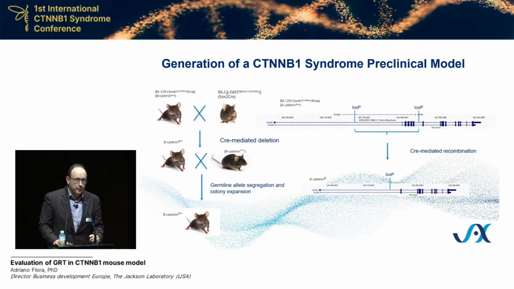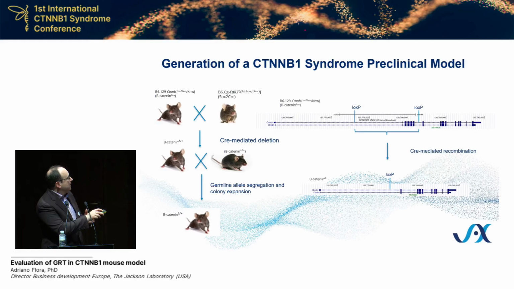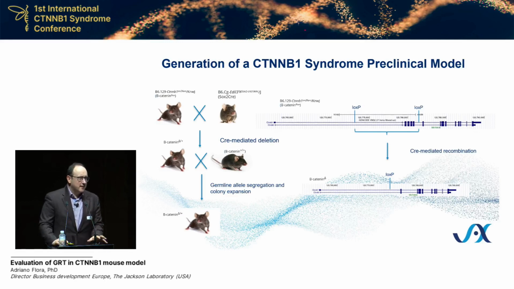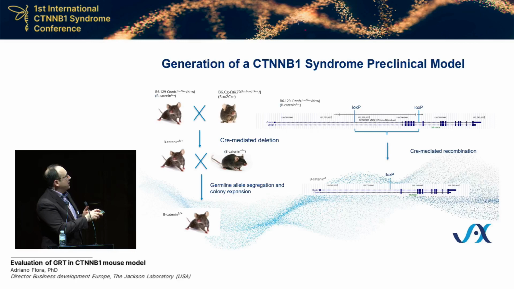This model carries a conditional allele of the gene. I suspect there are not many mouse geneticists in the audience, so just very quickly, a conditional allele is a normal allele in which two short sequences called LoxP sites have been inserted in intronic regions, regions that we think are not really important for the function of the gene.